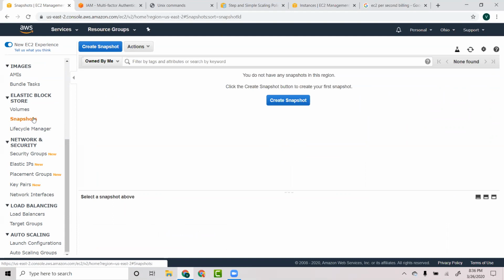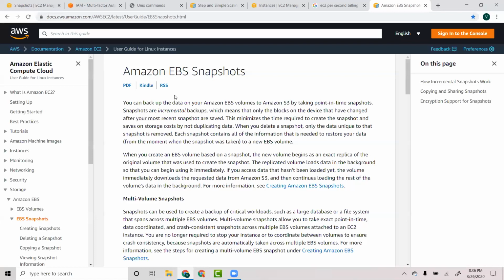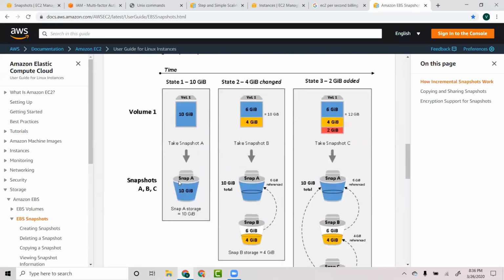I went to the document link, but for some reason I could not find it. Did I show a diagram? Yeah, remember, for the snapshot, we get the incremental. I get it. Amazon EBS snapshots, and then this diagram. Makes sense? Okay. Got it.